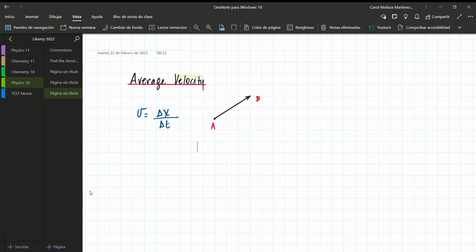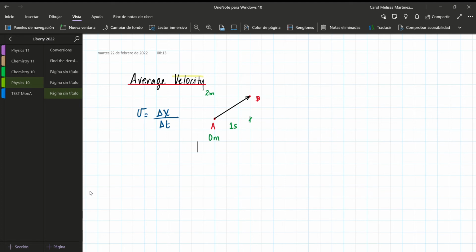Initially, let's say that I was at 0 meters. And after, I don't know, maybe after 1 second has passed, I'm already at the point B. And that point B represents 2 meters, for example.